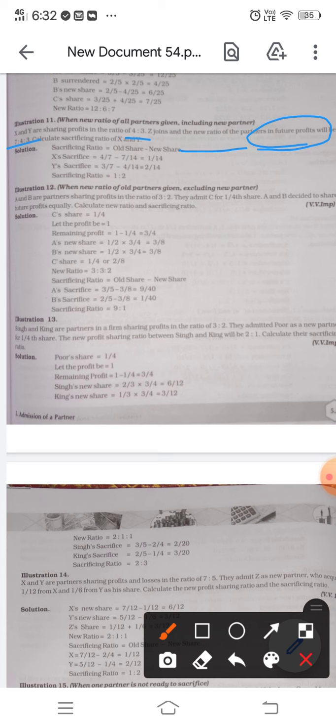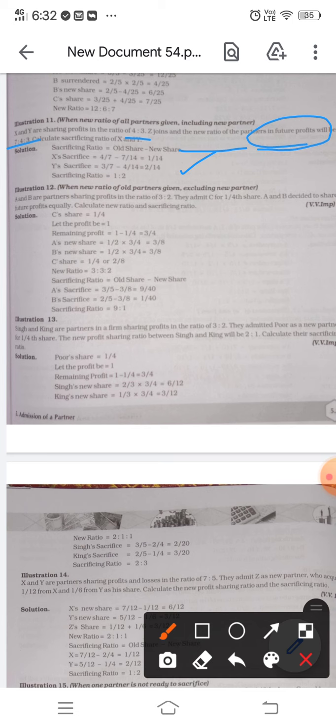So first we have to write down the information given directly, so it's a very simple sum. Old share minus new share. Old share is in the sum and there is a new share. This is also 7:4:3. Okay, so 7 for X, 4 for Y and 3 for Z.